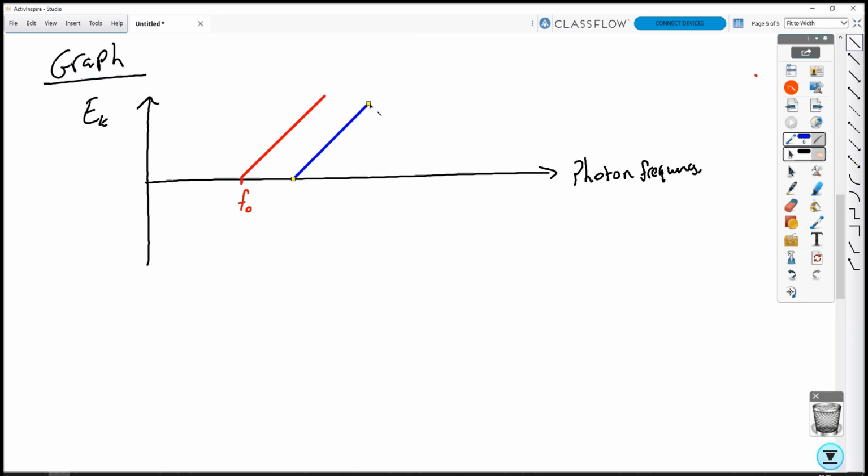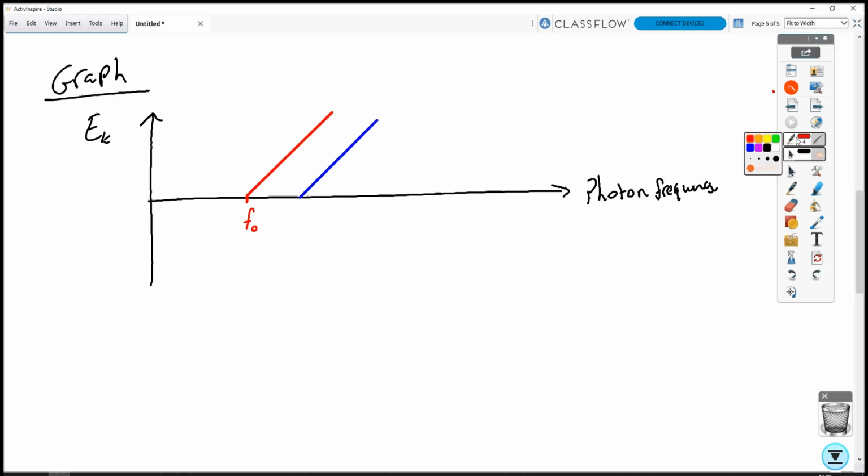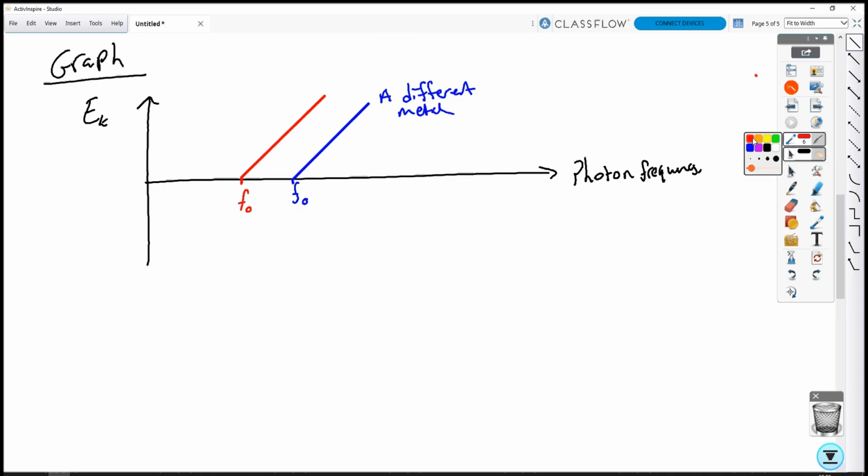They are always parallel, yes. So this is a different metal. And the blue line has its own threshold frequency, f0. Should really label it as a different letter, but it's fine for our purposes at the moment.